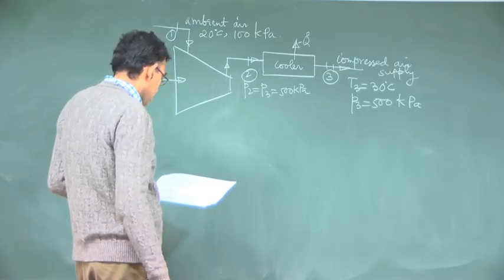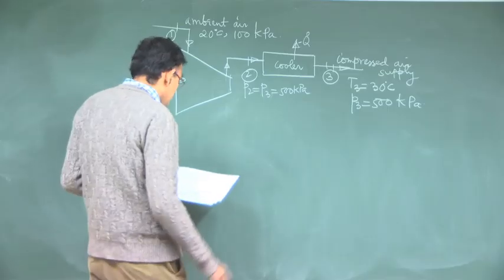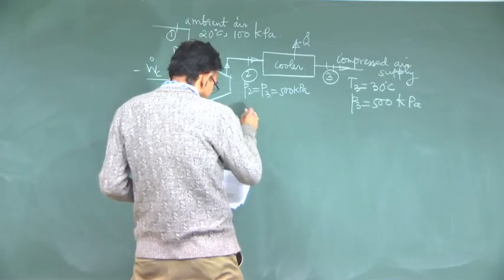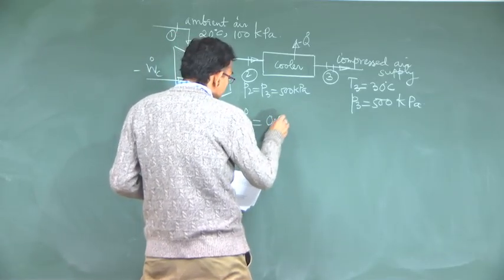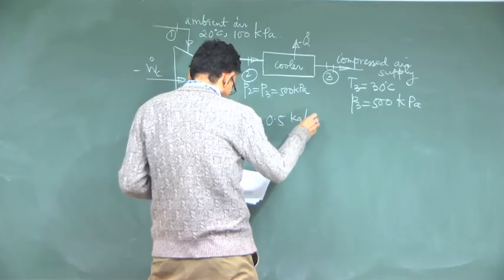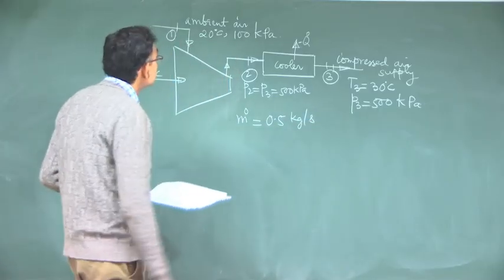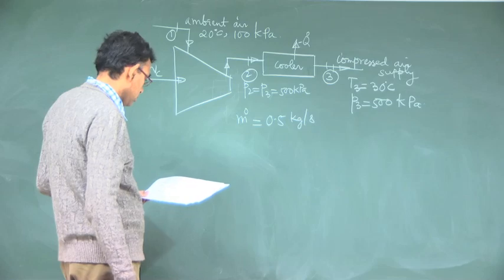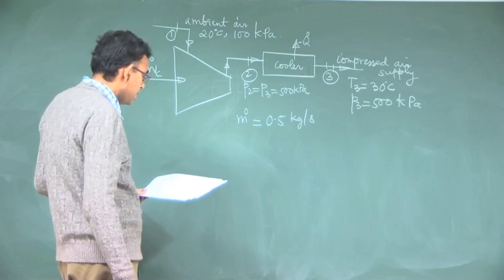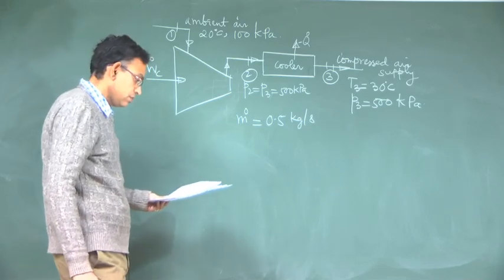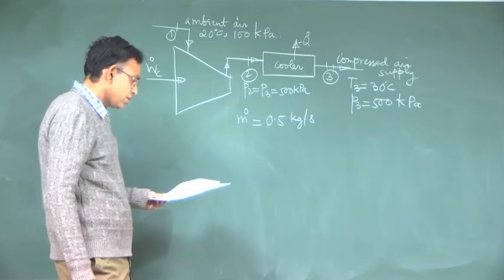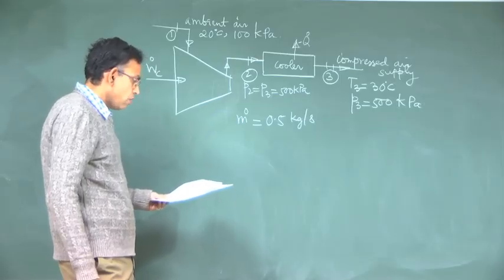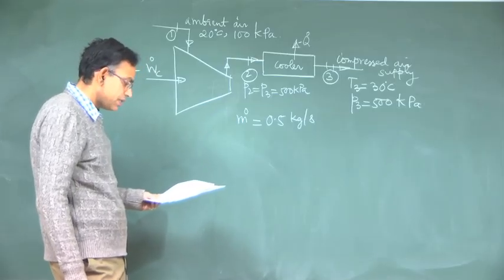So, what is given, let me just write down what is given. M dot is equal to 0.5 kg per second. The compressor is reversible and also we can assume that the compressor is adiabatic.